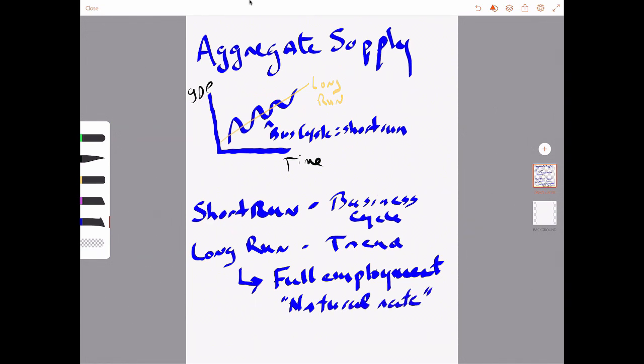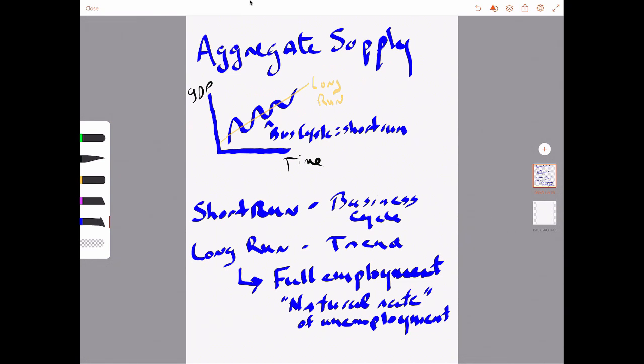So it's the natural rate of unemployment. So what this means is there's going to be some amount of unemployment. It's the natural condition of the economy. And even though not everybody who wants a job has a job, we're going to call that full employment.